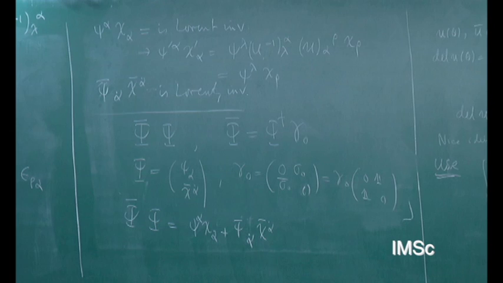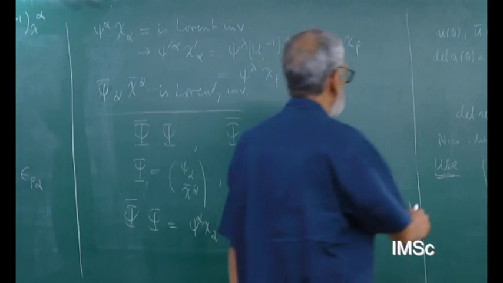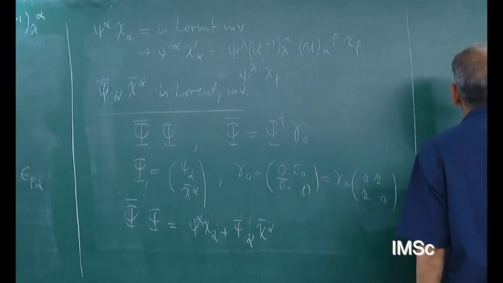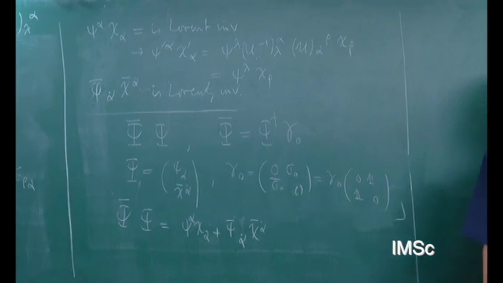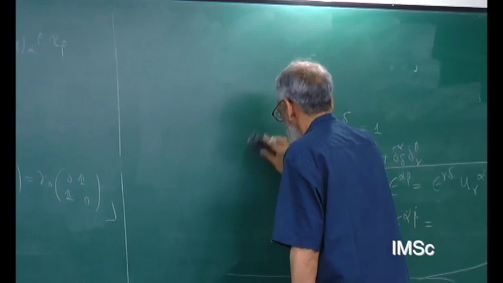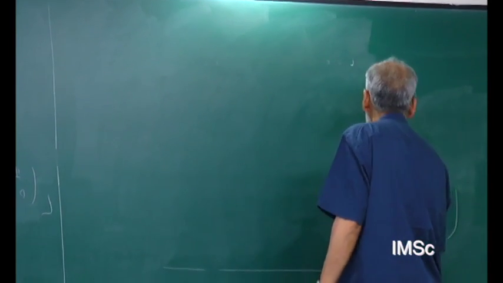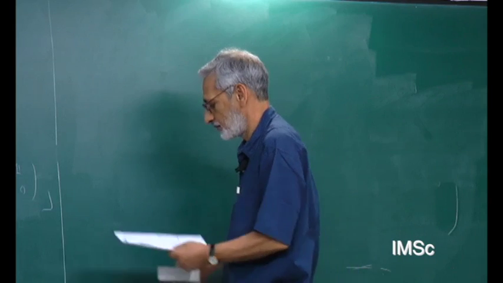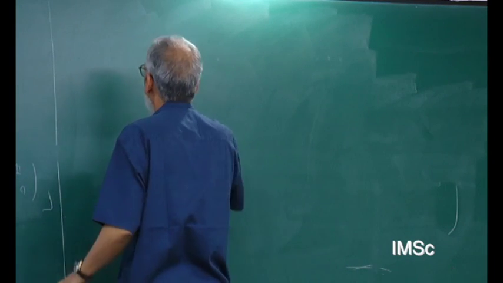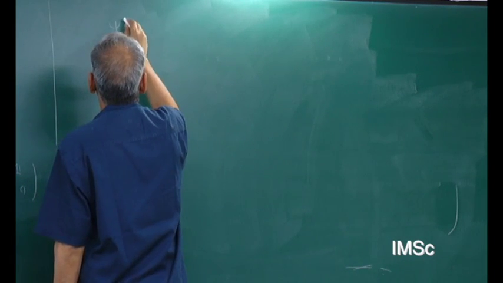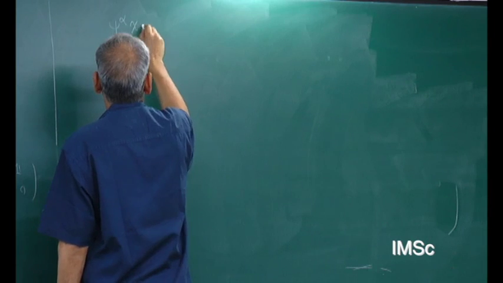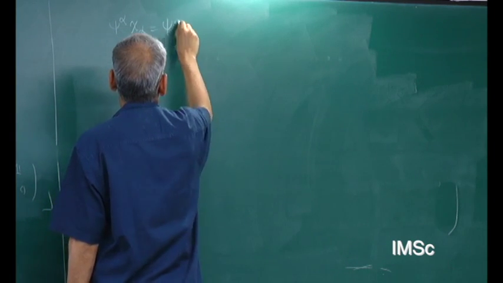Now we'll use a somewhat very often used compact notation. For psi alpha chi alpha, we'll just simply write psi chi.